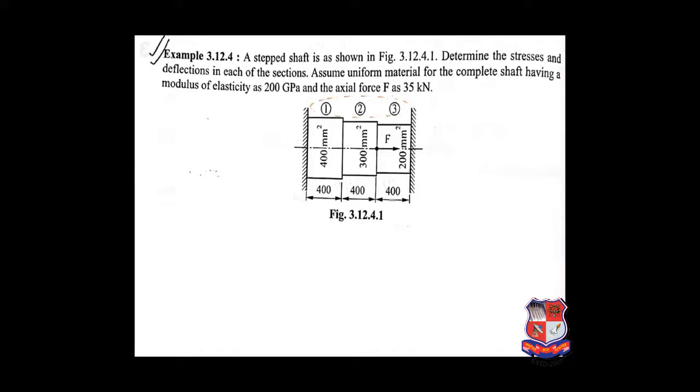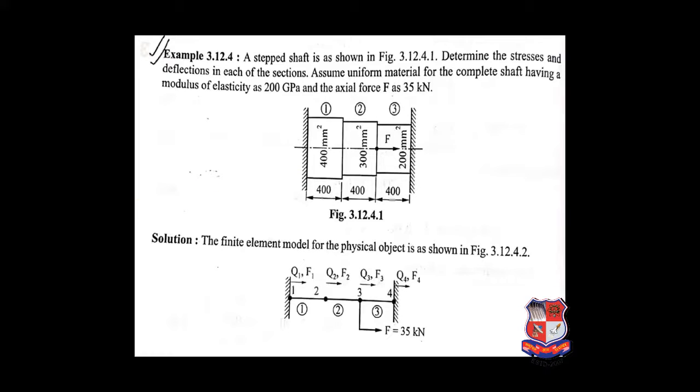First we have to convert that into elements 1, 2 and 3. So this is element 1, 2 and 3. If we simplify it, the fixed support is there on both sides. This is the simple first displacement model, or the first step discretized model of the FEA.